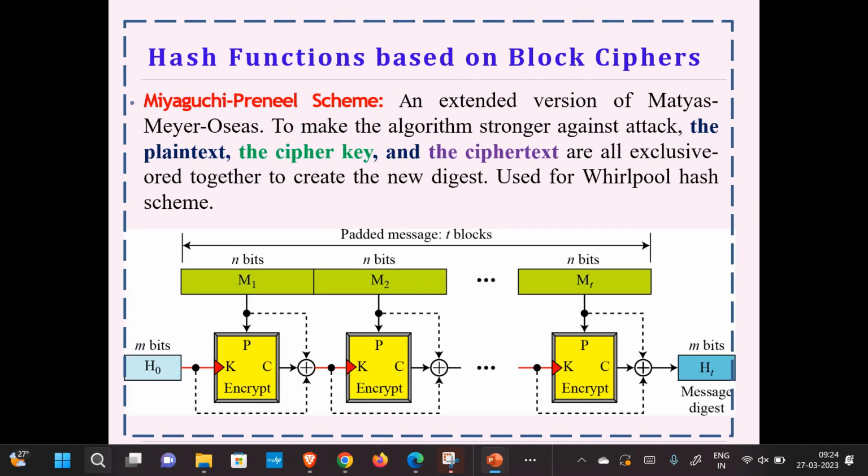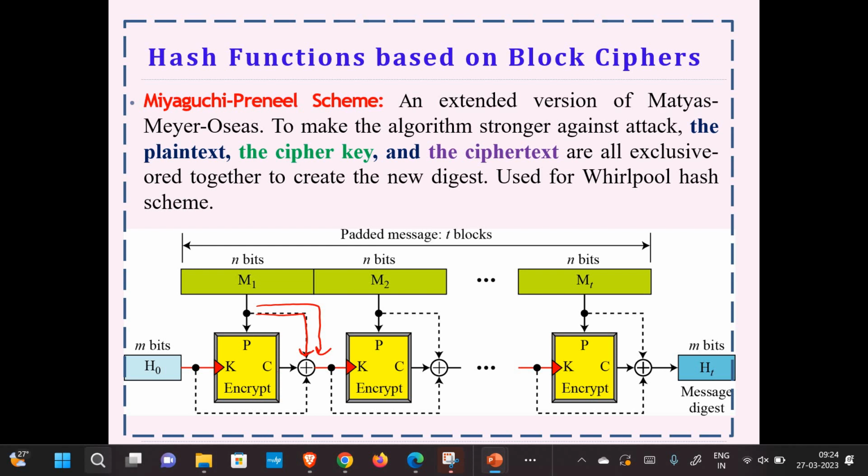Last but not least is the Matyas-Meyer-Oseas scheme, and this is a very important one because the Whirlpool scheme that I was talking about actually deals with this particular arrangement. In this, you can see that a message which is coming over here also takes part in the XORing operation. Unlike only the ciphertext and the hash, over here there is a link coming in from the message itself.